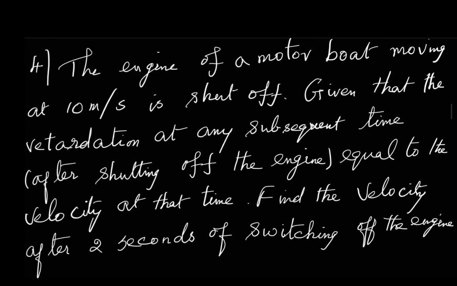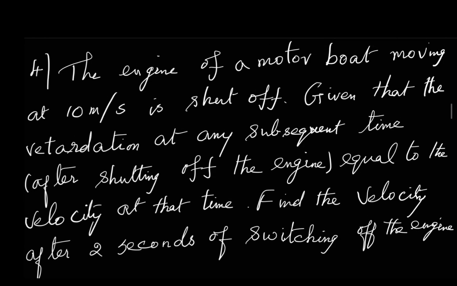See the fourth sum. The engine of a motorboat moving at 10 meter per second is shut off. Given that the retardation at any subsequent time after shutting off the engine is equal to the velocity at that time, find the velocity after 2 seconds of switching off the engine.